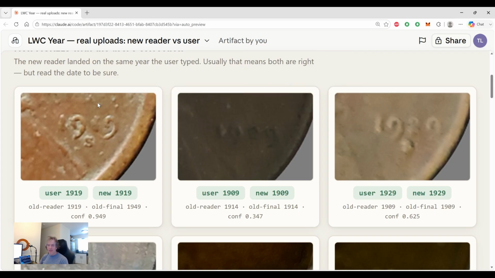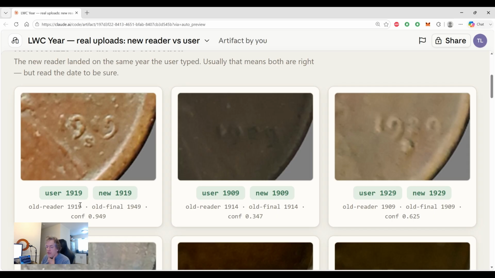This first one here is pretty typical. It's clearly, I'd say, a 1919, although that 19 is pretty beat up here. The user reported it's a 1919. My new year finder is saying 1990.